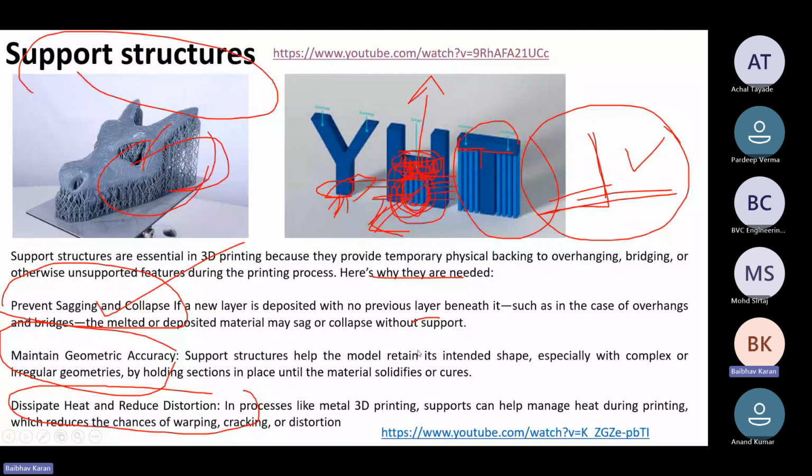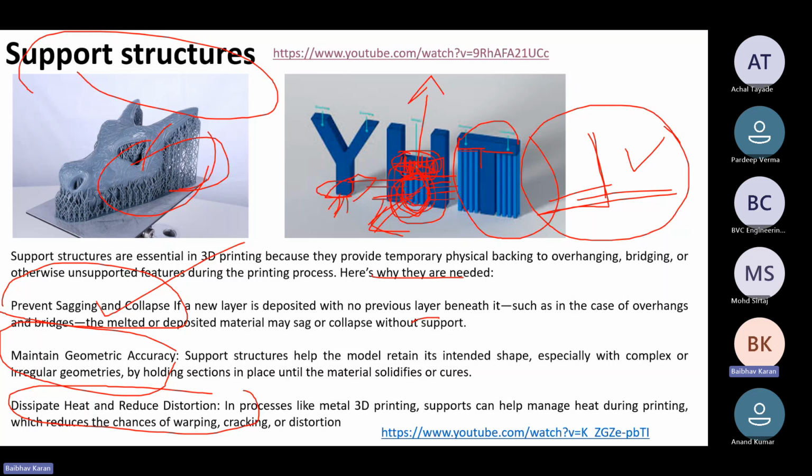Okay, so now we got an idea about why superstructure is necessary and why it is required. But the video said that most of the times we try to avoid printing support structures. The reason is that removing support structures adds on an additional task of post-processing.